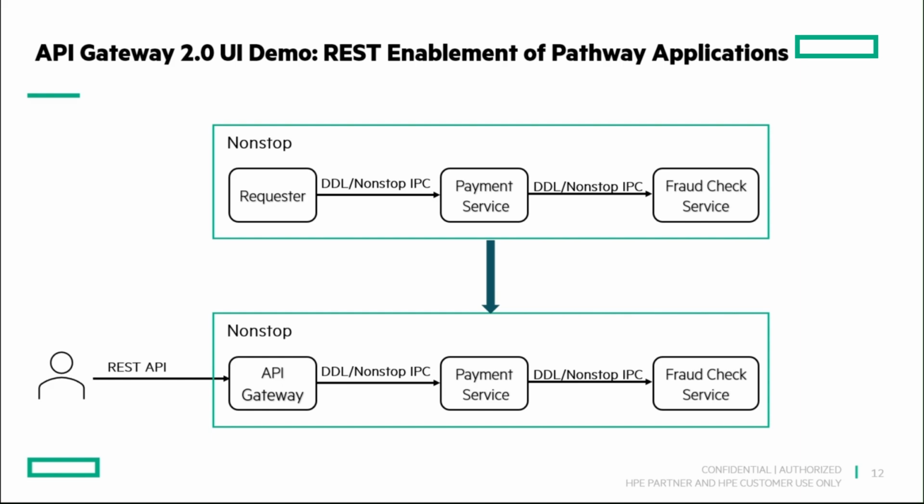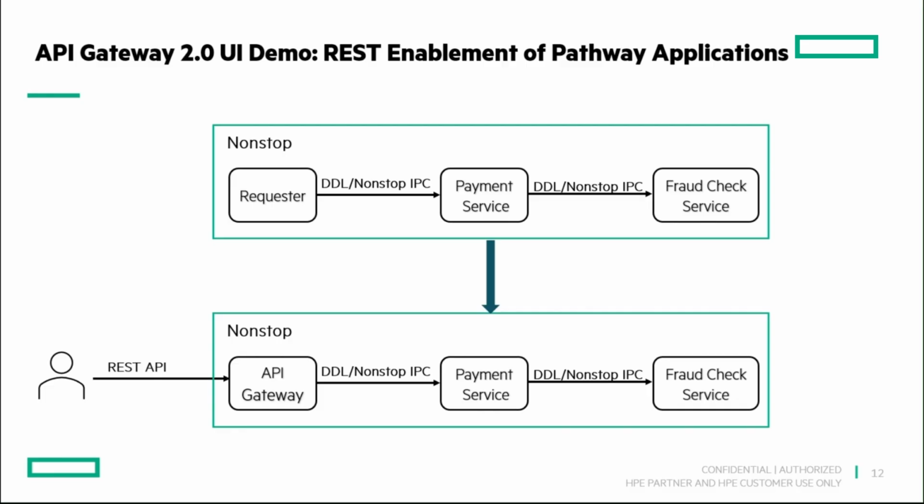Pathsend API. Our goal is to expose the payment service as a REST API, enabling it to be accessed from external platforms. The NonStop API Gateway serves as a bridge between these external clients and the payment service.